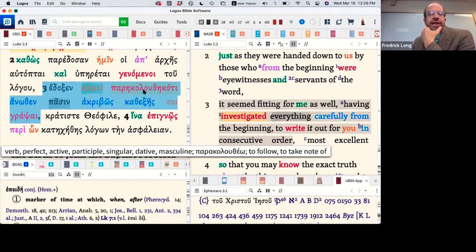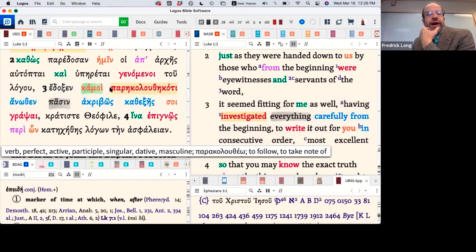You have a perfect tense participle that is modifying the me, and it probably requires some of these adverbs to go with it. Otherwise, it's kind of standing there, having followed.